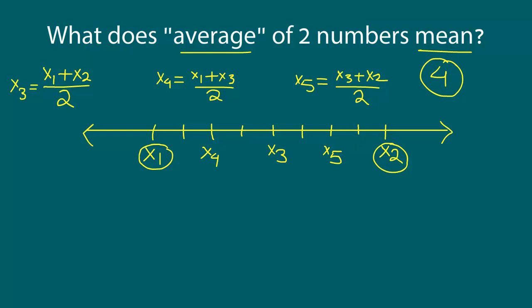I hope, friends, you are able to understand how we can use this average method to find as many rational numbers as we want between x1 and x2, which are the original pair of rational numbers that were given to us.